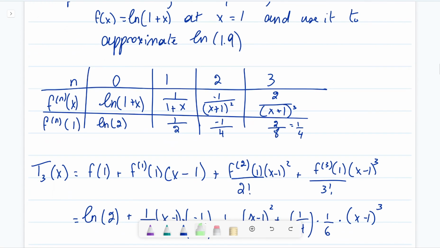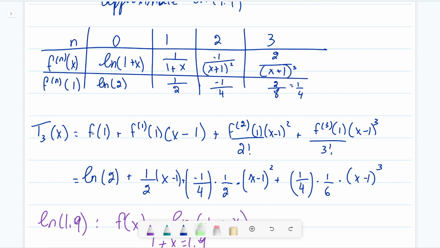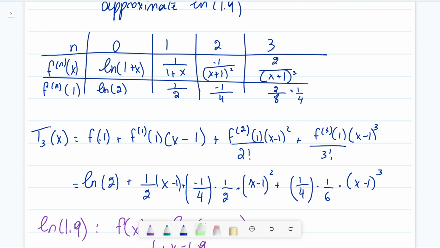And now let us find the third degree Taylor polynomial. So first write the equation and reach the third degree. Then let us plug in what we know. f of 1, we can find this from our table, it's ln of 2. And then the first derivative evaluated at 1 is half. We multiply this by x minus 1.